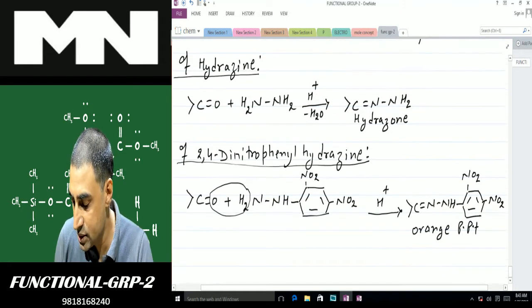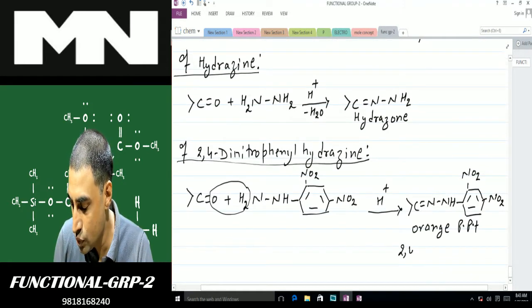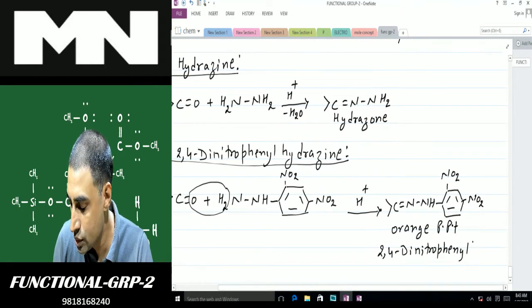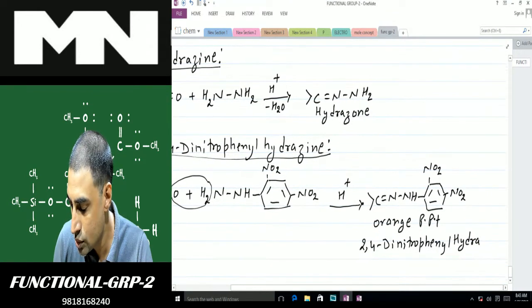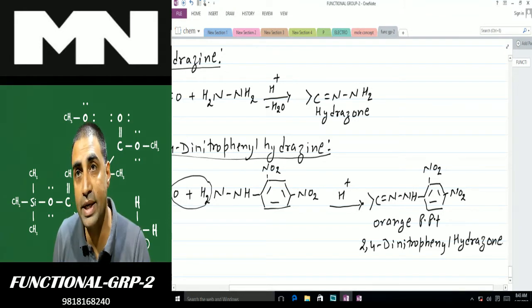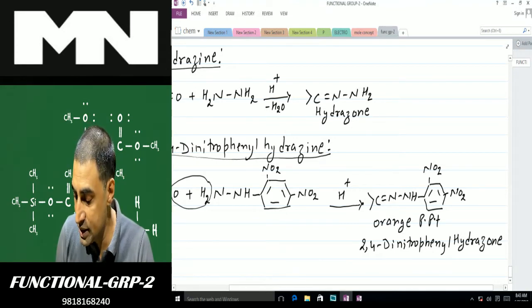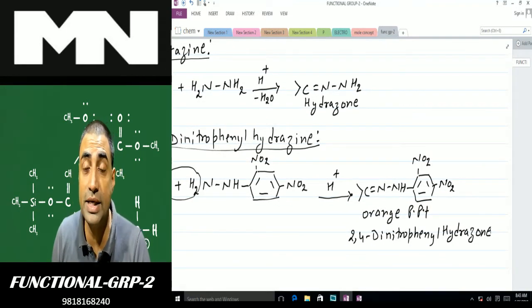This compound is 2,4 dinitrophenyl hydrazone. Well, this reaction is used as a test to detect the presence of aldehydic and ketonic group.